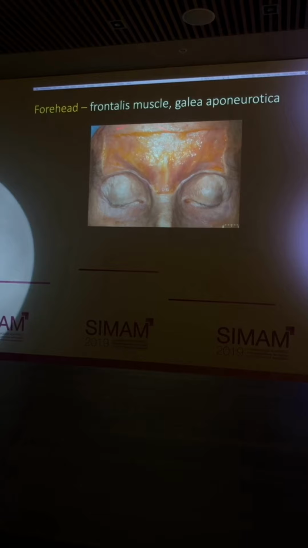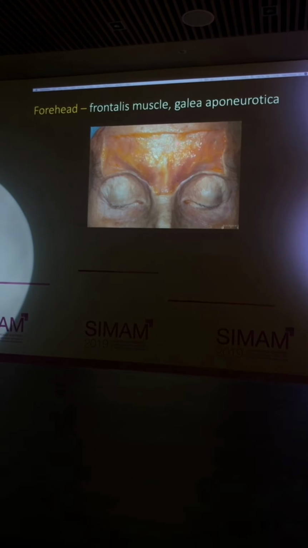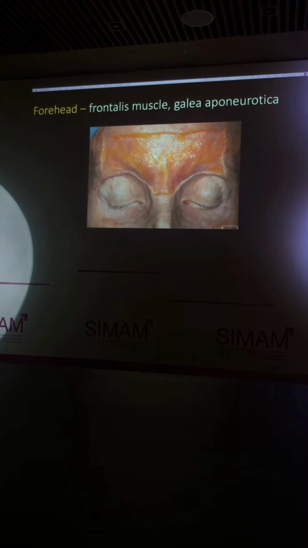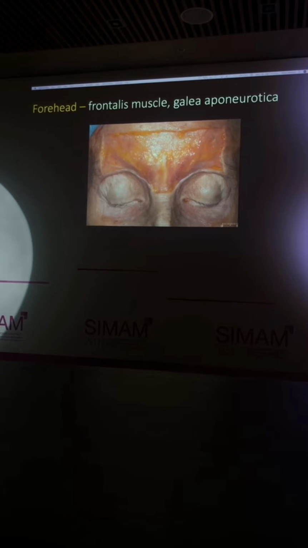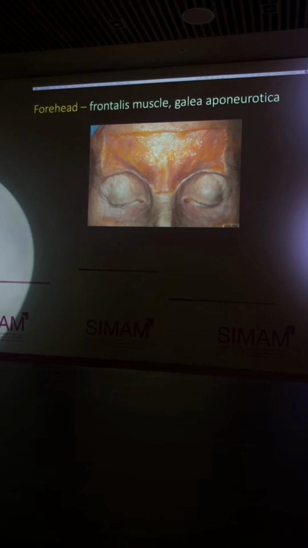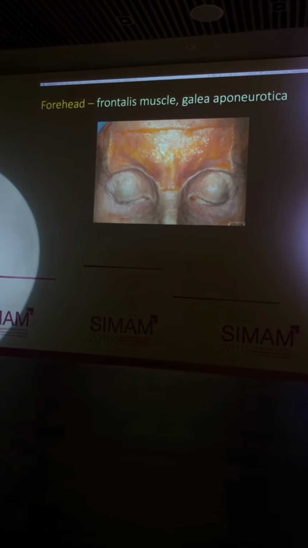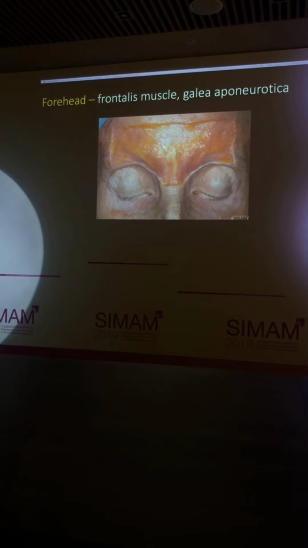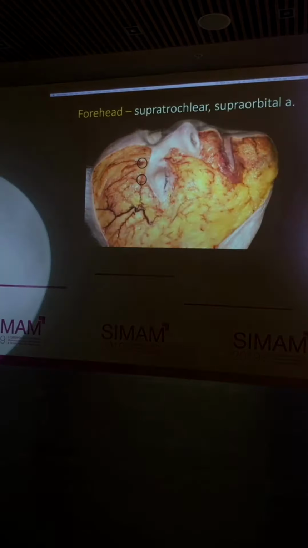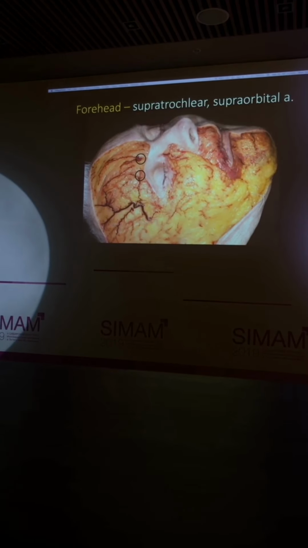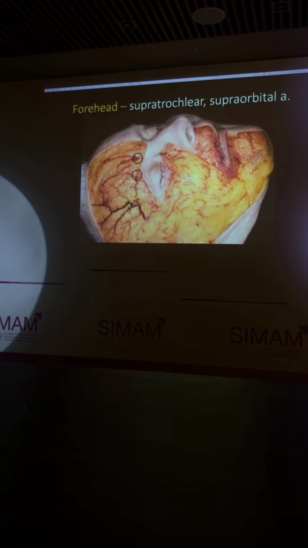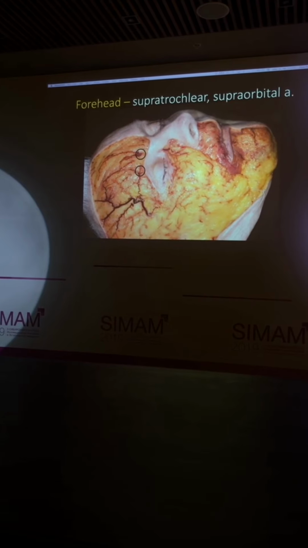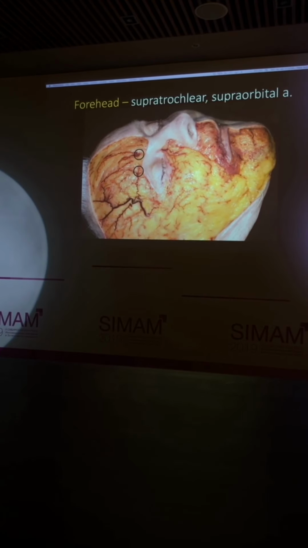So basically what we see here is the frontalis muscle with the galea in between. Sometimes the dehiscence in the midline, where the paired frontalis muscles diverge, is extremely wide, like in this case.